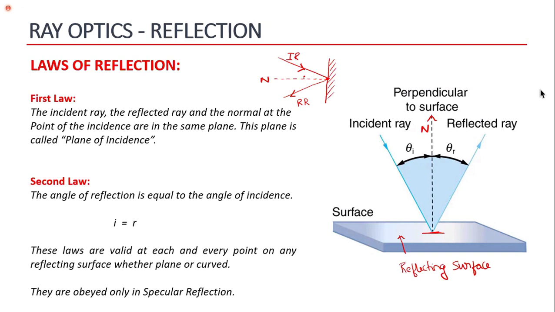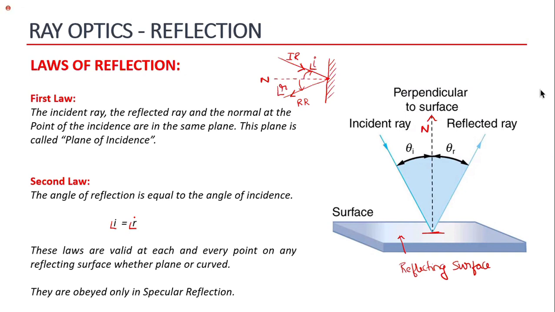Now the angle made by the normal with your incident ray is called the angle of incidence. The angle the normal makes with your reflected ray is called your angle of reflection. What this says is your angle of incidence is equal to the angle of reflection. Clear?